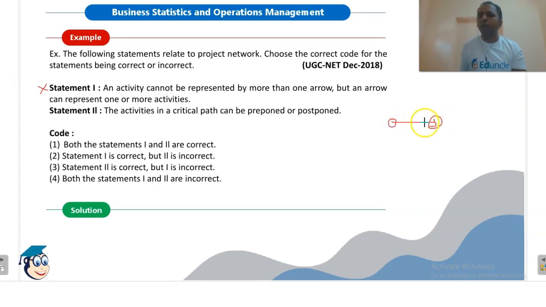An arrow cannot represent more than one activity. The activities in a critical path can be preponed or postponed. This is also wrong. The activities on the critical path cannot be delayed, and they cannot be preponed either. So both statements 1 and 2 are incorrect. This is the right option.